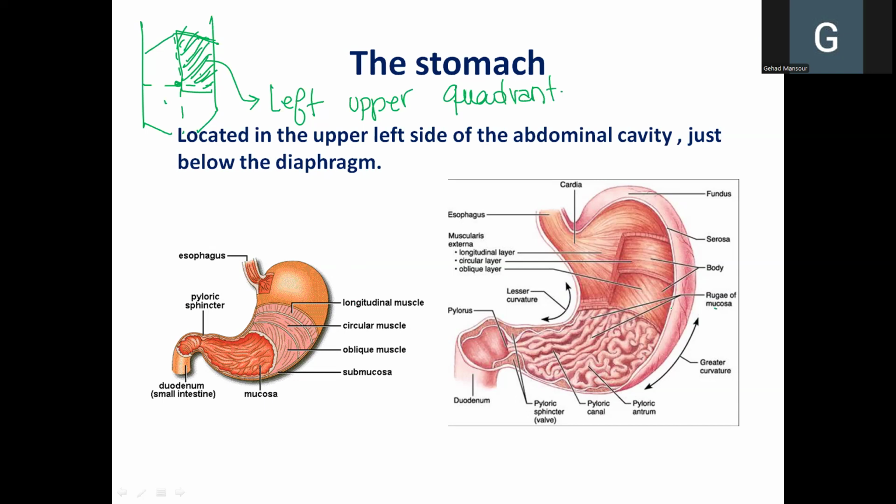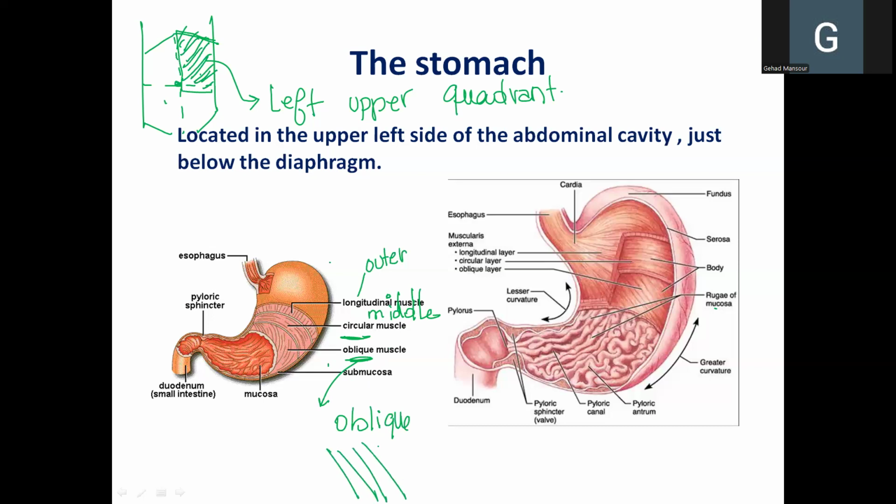And as you can see, the wall of the stomach consists of 3 layers: an outer longitudinal muscle, and the circular muscle, which was inner, will now be considered the middle layer, whereas the innermost layer is an oblique layer of muscle.